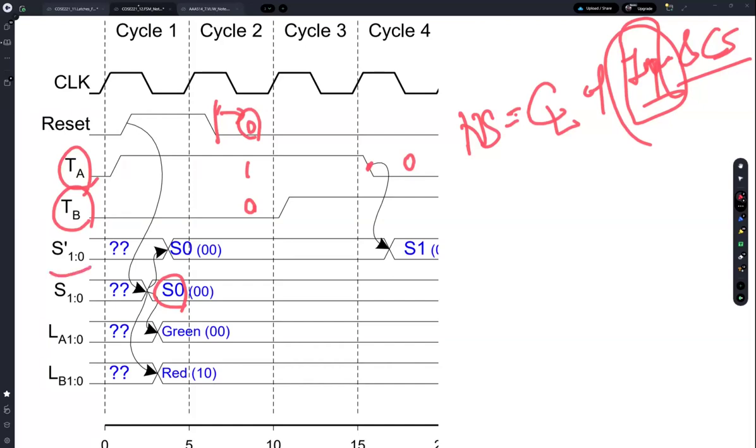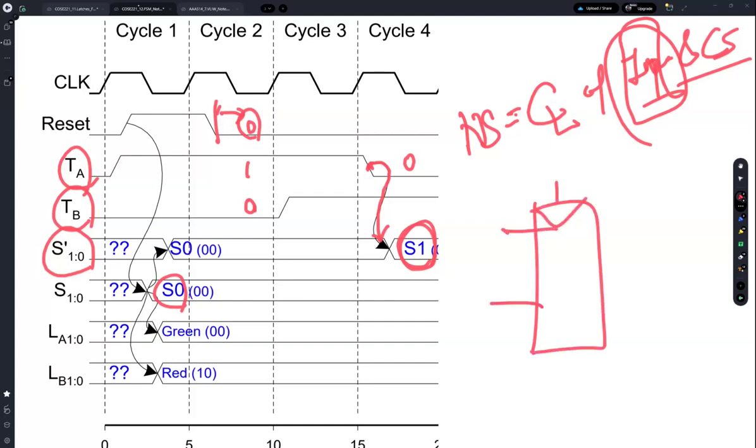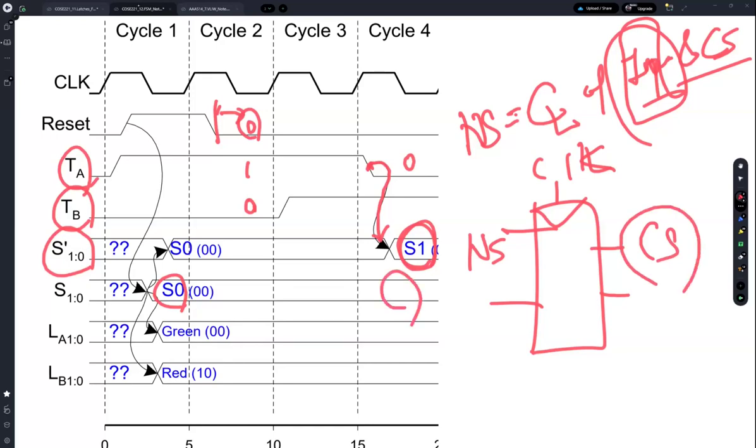The next state is changing immediately when the input signal is changing, right? So it becomes S1. This is just the next state, right? If you see the state register, then this is the clock, this is the next state, and this is the current state. But you can find that the current state is not changed.